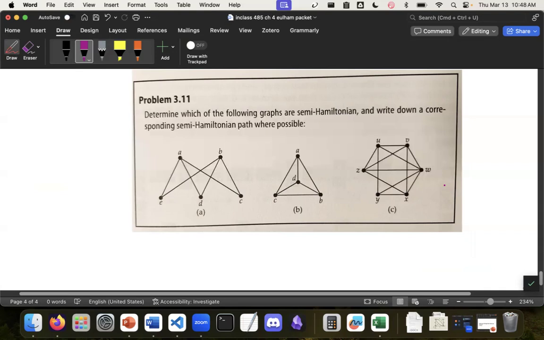Was the theorem that if a simple graph has certain degrees, then it's Hamiltonian? Let me review the actual theorem.